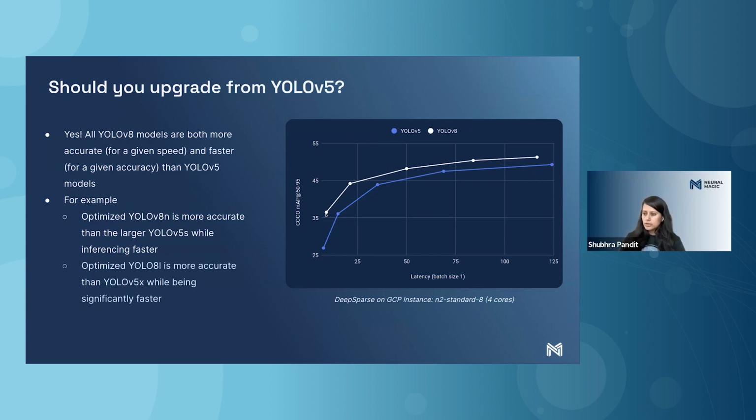And also the YOLOv8L model is more accurate than the YOLOv5X model, while being significantly faster. So what we are really seeing is that with YOLOv8, we've enabled a shift in the accuracy performance Pareto front.